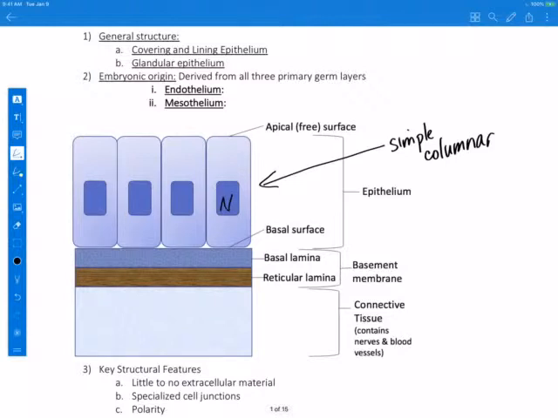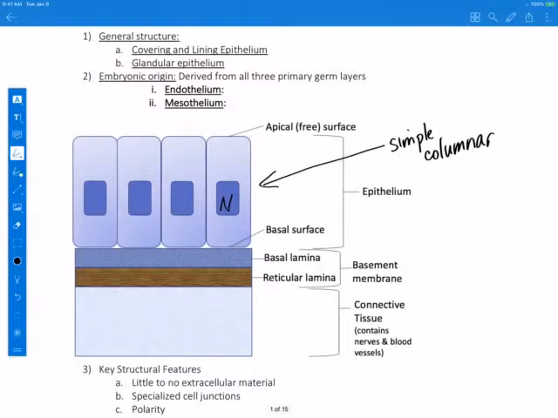And then the epithelium is basically sitting on top of a basement membrane. And the basement membrane is comprised of two basic parts. And that includes the basal lamina and the reticular lamina.